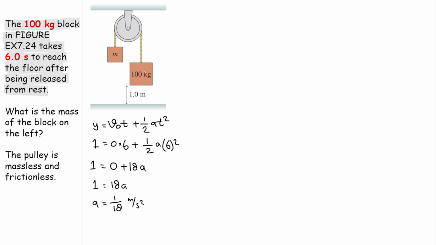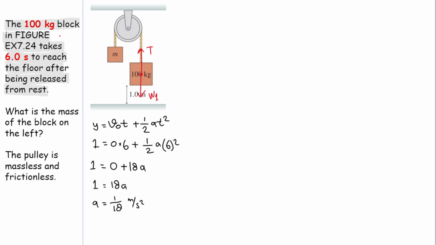Let's draw the free body diagram of this block here. So here we have the weight of this 100 kilogram block. Let's name this as weight number 1, pushing this block down. However, we have the tension of the rope pulling this up, so I will have T here.